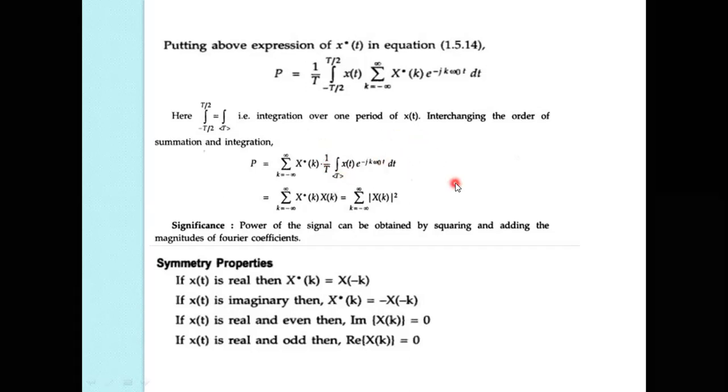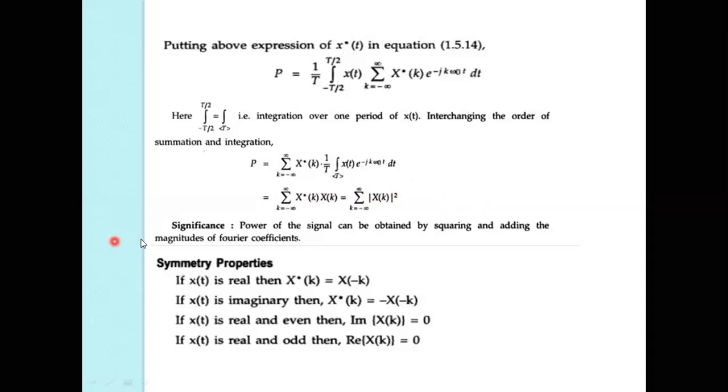This total function has the analysis equation saying x of k is equal to the sum of k equal to minus infinity to infinity x star of k into x of k. We already know x star of k into x of k is represented as the squared magnitude of x of k.